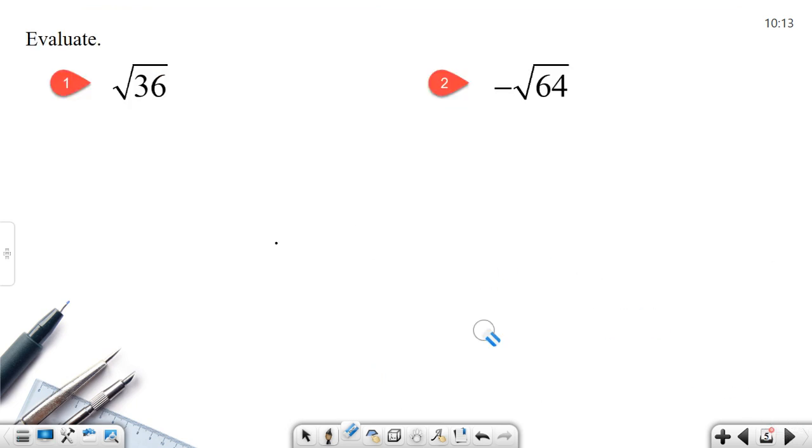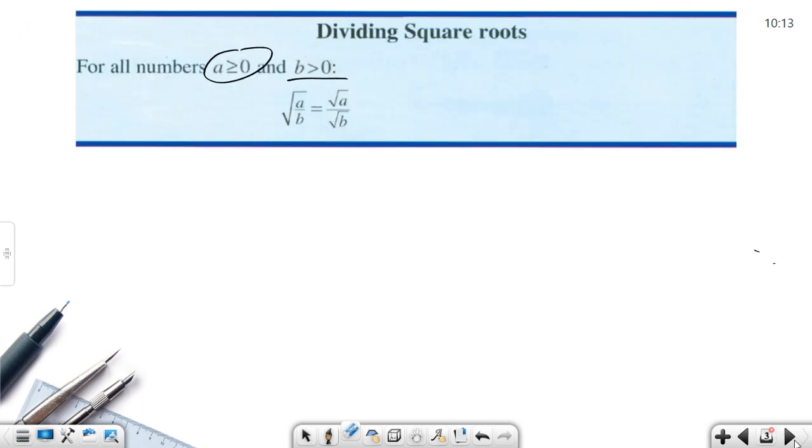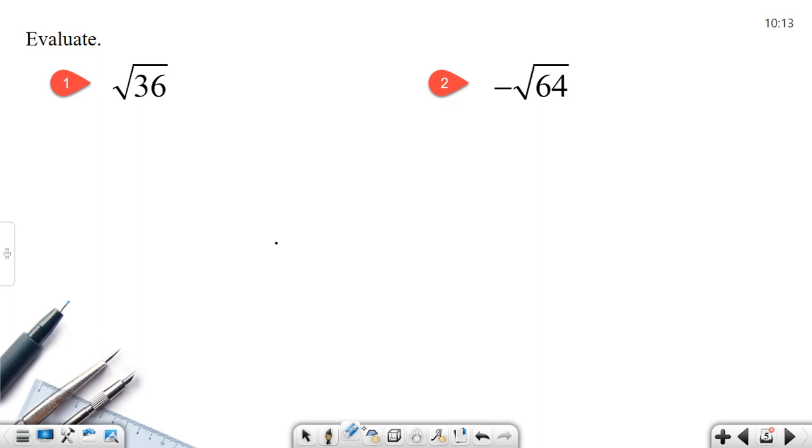These properties are important. So let's see other properties. I think there are none left. 1, 2, 3, that's okay, 3 of them. Let's now evaluate. So we need to find the values. Square root of 36, 6 times 6. So how do we evaluate it?